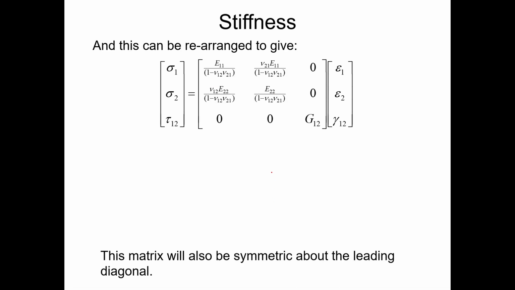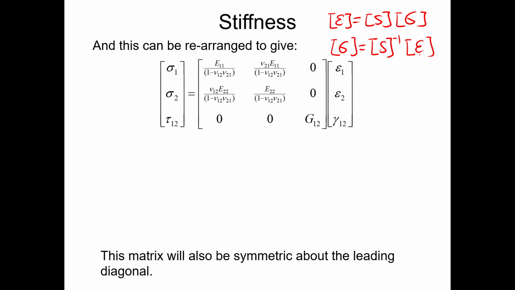As we have done something similar before, we can rearrange the equation. Before, you have written strain is equal to a compliance matrix times the stress. Now you can invert that matrix such that sigma is equal to S inverse times the strain.